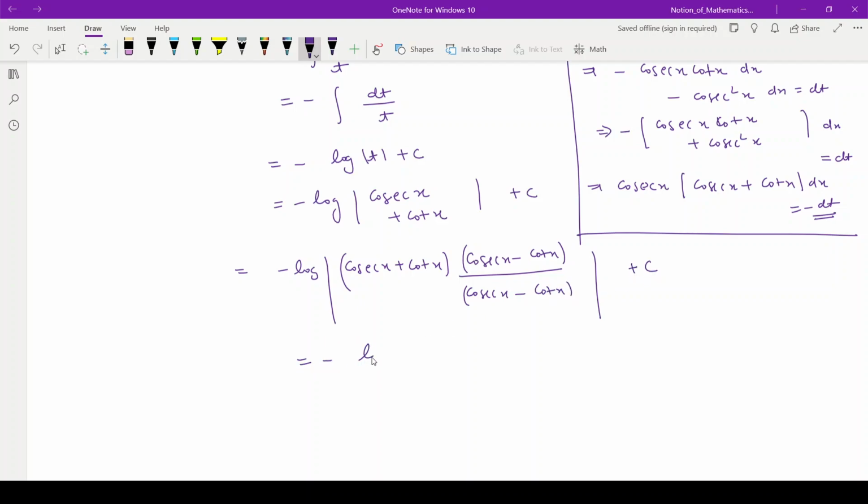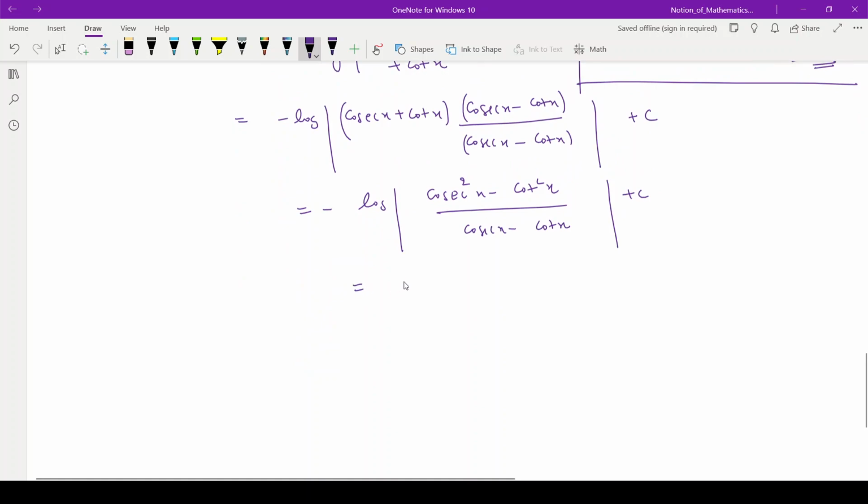So it is minus log of cosecant square x minus cot square x upon cosecant x minus cot x, plus c. Or finally it may be written as log of modulus of cosecant x minus cot x plus c. So that is actually equal to integration of cosecant x dx.